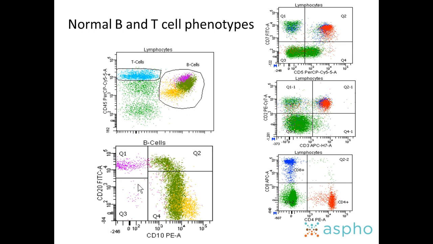Then if you do a two-color plot for CD20 and CD10 in those CD19 positive B cells, the most immature B cells, colored yellow here, which would be the CD34 positive cells, are down here at the tip of the snake, or the S, as some people say, and the B cells mature up.